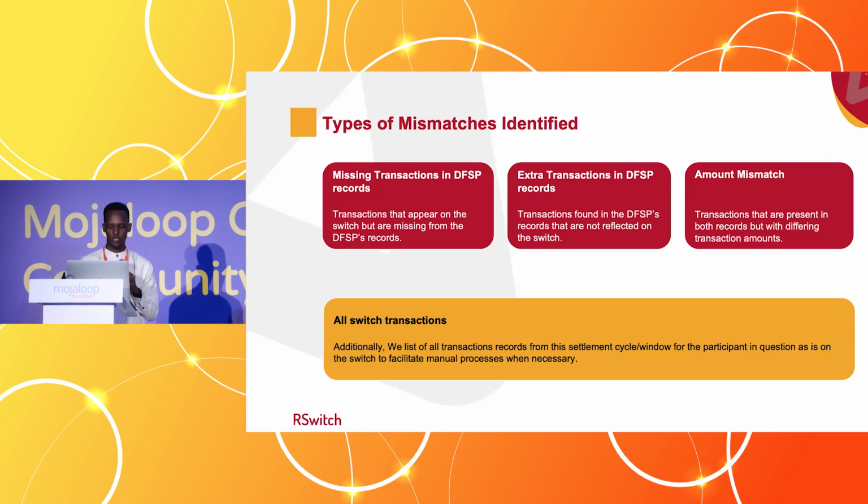The third is when both have the record but with different amounts. Additionally, we put all the transactions that happened in that cycle in view of that particular DFSP. When we go into the demo, I'm sure it will be clearer.